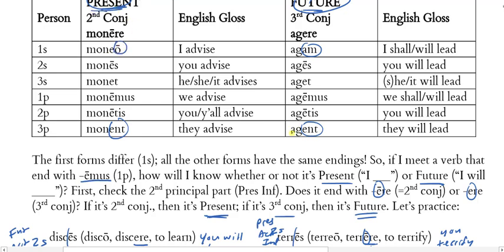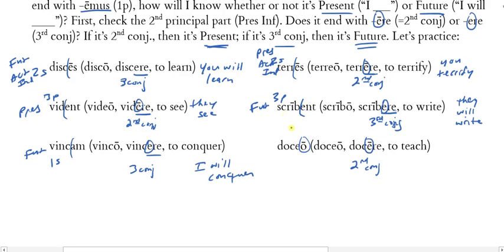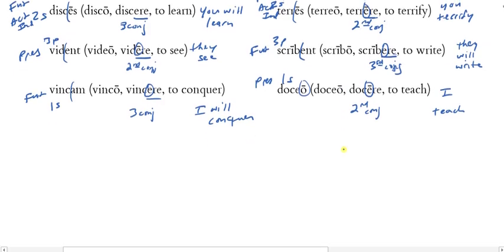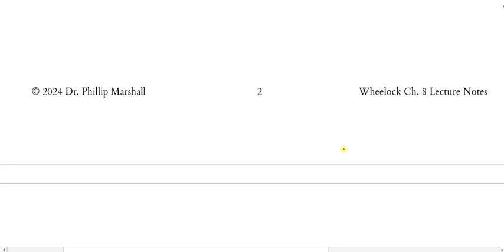It's a present tense, first singular. So this is I, but it's not future. Just simple present, I teach, or progressive, I am teaching. All right, so hopefully that'll help you to know whether you're looking at present or future. You've got to know your principal parts. You've got to know that second principal part to know if it's first or second or third or fourth conjugation.